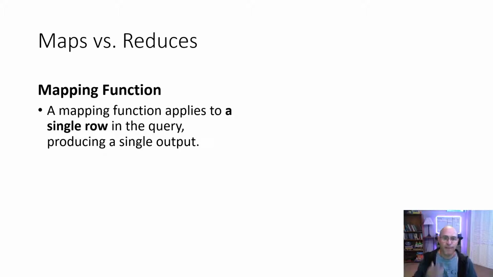So the mapping function may be something as simple as: take this tuple, and if it has a certain value in it, display the tuple again, otherwise do not display it. That's how a where clause works. Another kind of mapping function might be: take this tuple and only display these two columns or these two attributes from the tuple. That's how a projection works. Both of those are examples of mapping operations or mapping functions.